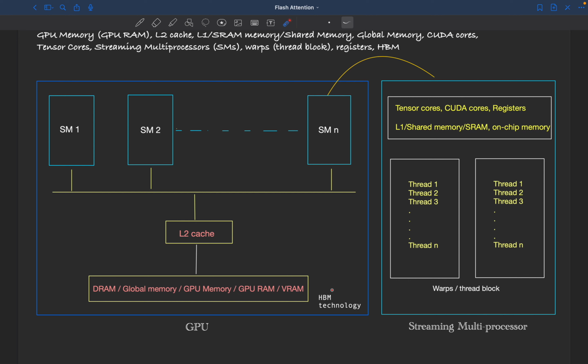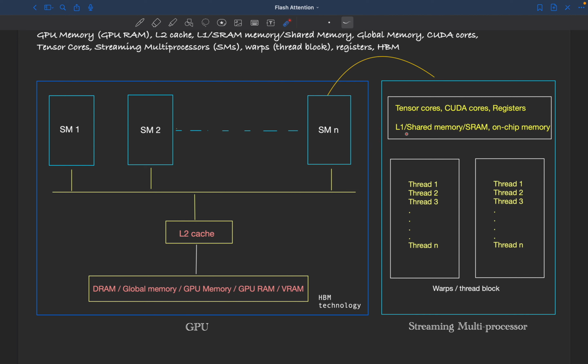Why can't we use the 6th stack? That is with respect to hardware details and physical constraints and a lot of other logical details too. We'll just stick to this. So long story short, HBM is one such technology to make sure that we are making use of the high bandwidth, which is much required if you want to make more usage of the tensor cores and CUDA cores, right?